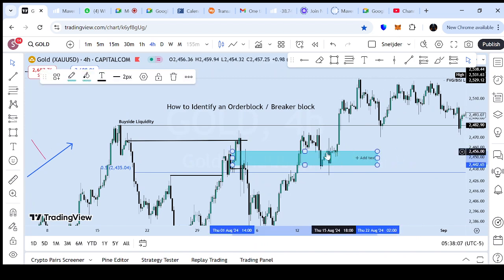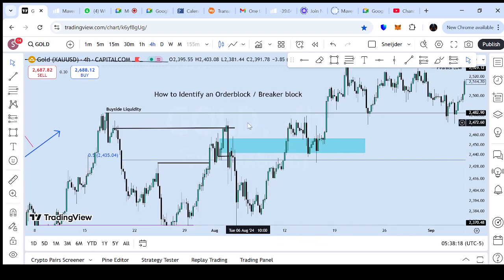When you hear about inversion fair value gap, it's after price has violated a fair value gap. And how will I know that price has violated the fair value gap? It's trading above it. Once it trades above it for the first time, it rejected it. This is the first time attempting to go up.